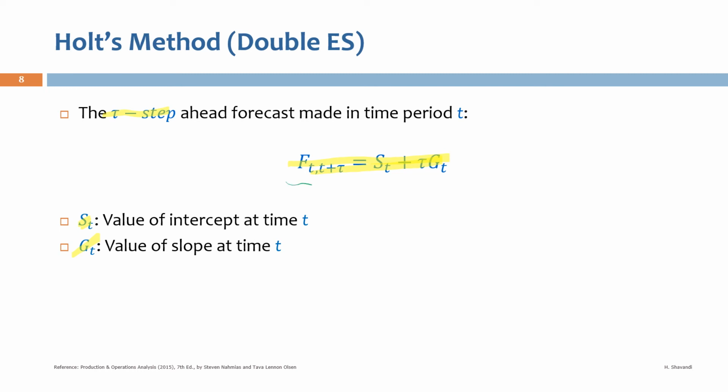Since we have a trend in our data series, we need to have an intercept, and also we need to have a slope.